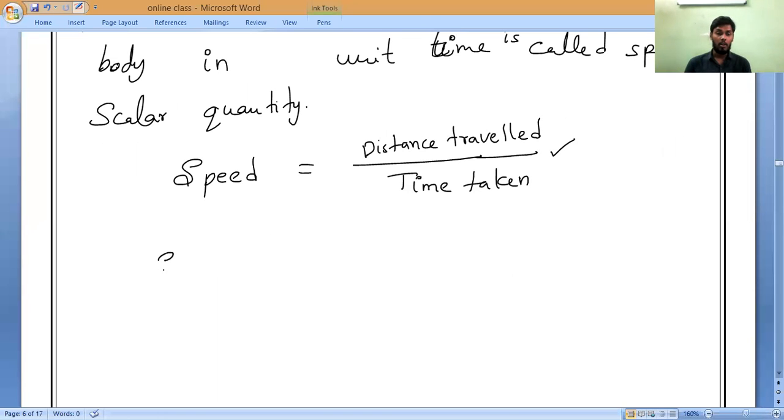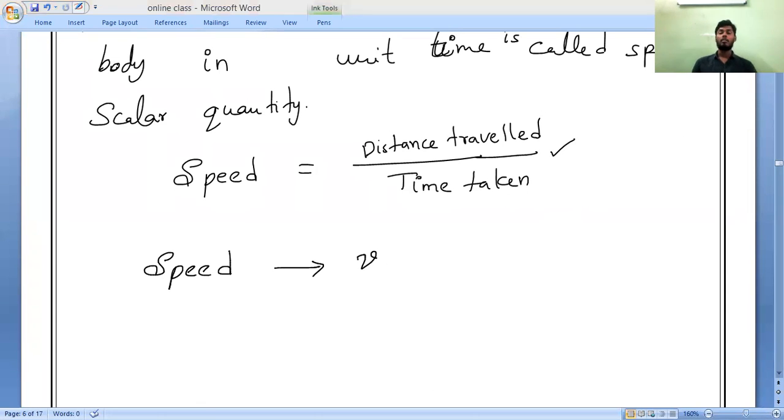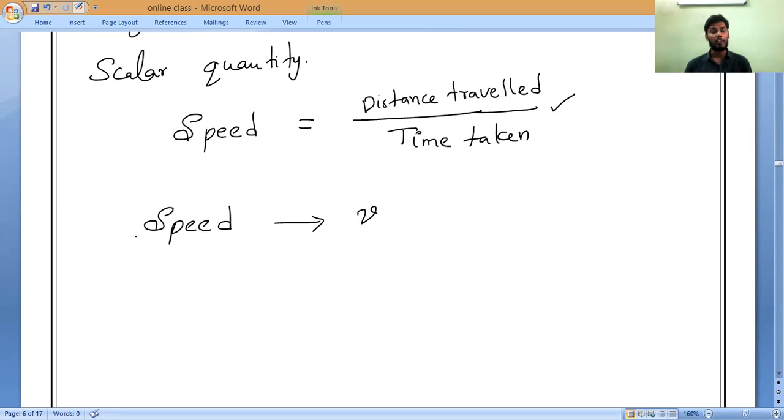Now remember, speed is represented with the symbol V, a stylish V. And the distance traveled, you already know the symbol of distance.